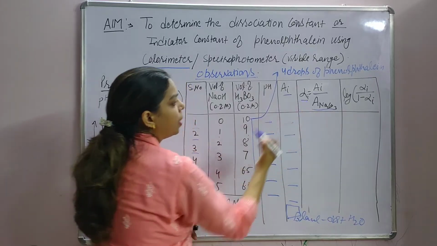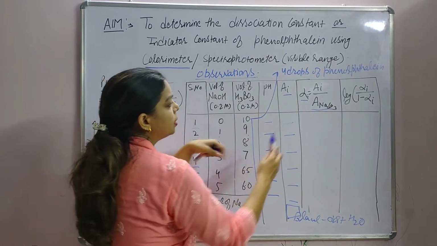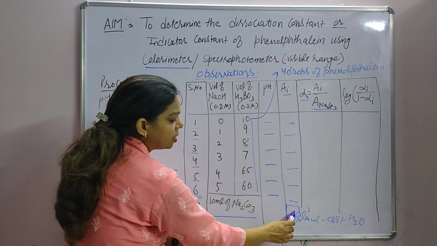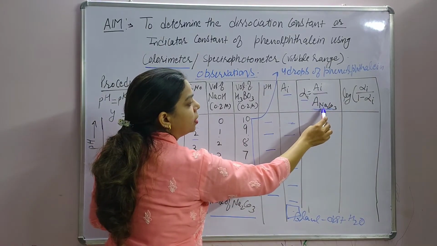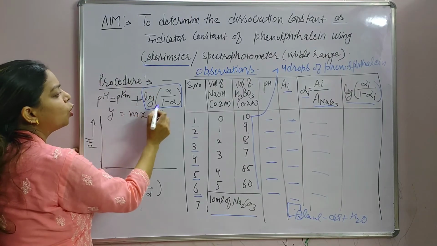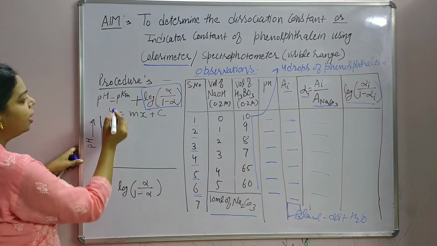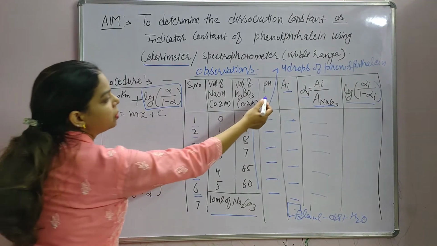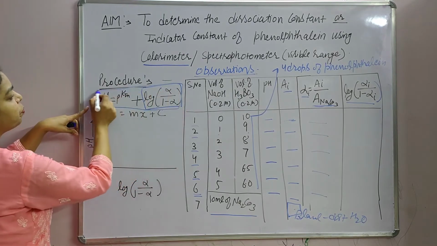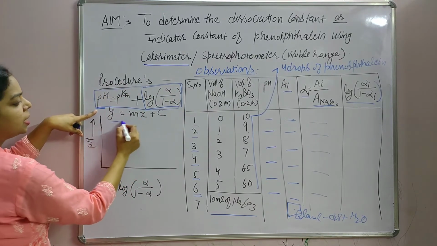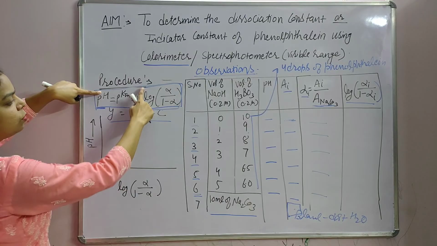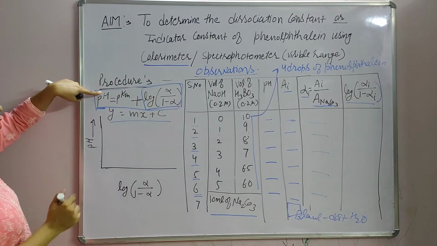So you will calculate alpha i. Alpha i means the absorbance of the respective solution divided by the absorbance of the most intense solution. So Ai by maximum absorbance for this and all. Then calculate log of alpha upon 1 minus alpha, and you have the pH of the mixture from this column. So compare this equation with y equal to mx plus c and you can take pH equal to y and x equal to this log of alpha by 1 minus alpha.